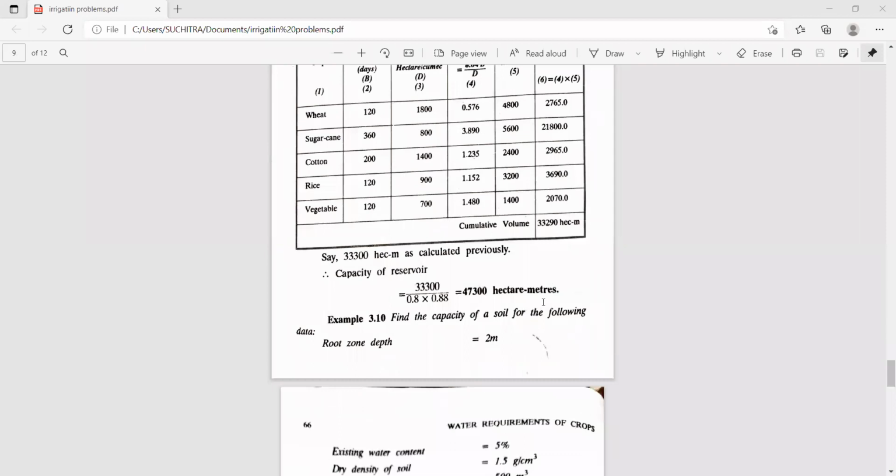So next is one more problem. Here it is actually the field capacity. Find the field capacity of a soil for the following data.